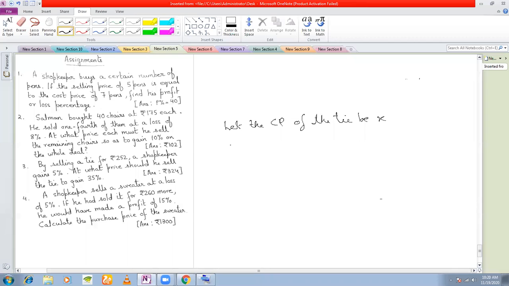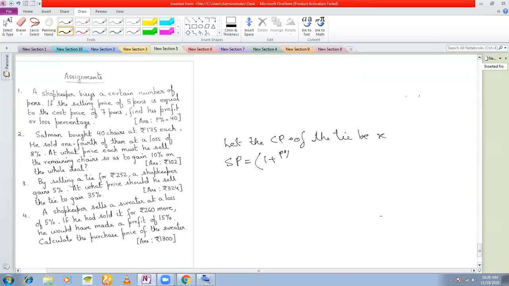So what is his selling price? He gains 5%, right? Selling price is 1 plus profit percentage by 100 into cost price. How much profit is he making? 5%.